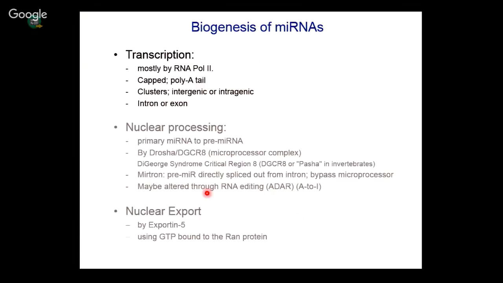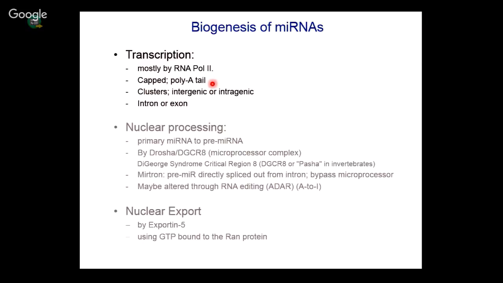So let's zoom in on the biogenesis of microRNA. Like I just mentioned, microRNA is transcribed mostly by RNA polymerase II, which means that, like most protein-coding mRNA, it is capped and has a poly A tail.